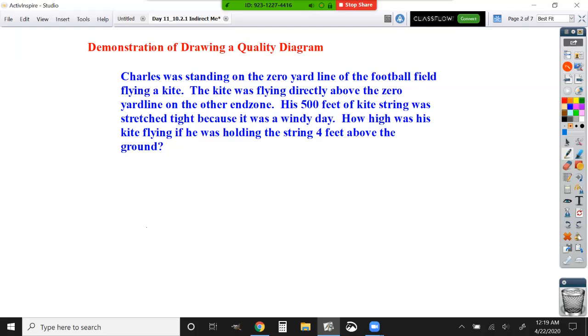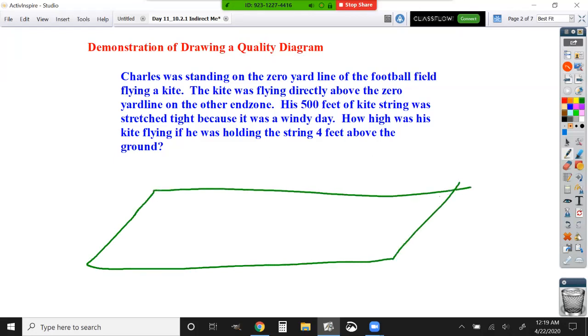So we could get all crazy and make a 3D football field, where here's one end zone, that's the 0-yard line, and here's the other end zone, and this is the 50-yard line here, right? And we know that he's flying a kite, so let's say he's standing here and he's got a kite on a string that's up over here.